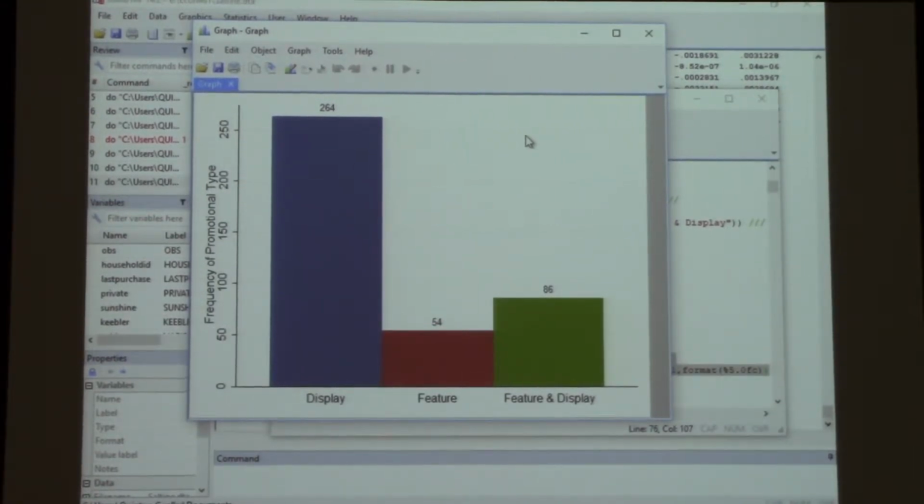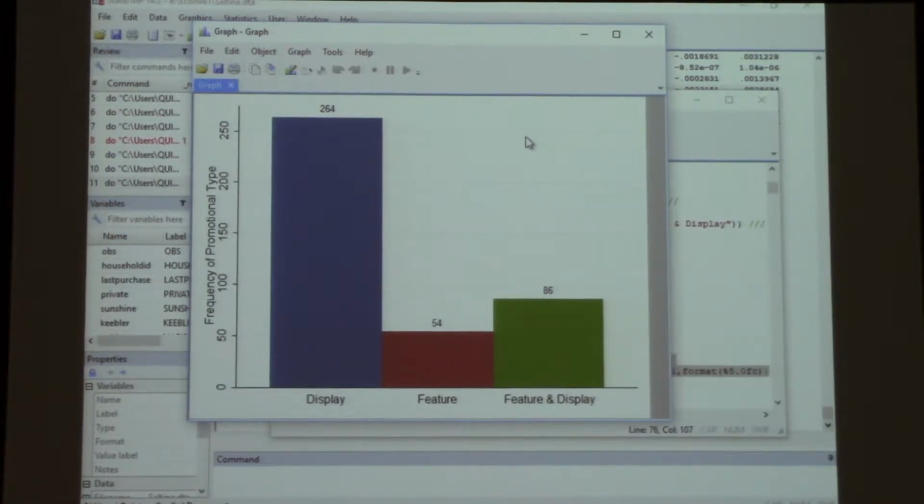So yeah, we are talking about a small sample size. And remember, we're talking about 54 occurrences of Keebler being on feature, and that doesn't necessarily mean, as we saw, that those feature promotional activities occurred throughout all prices. We saw where there were no prices available, so we weren't able to estimate that.